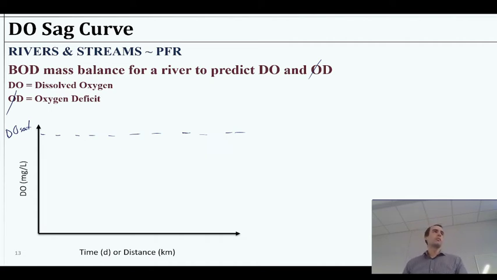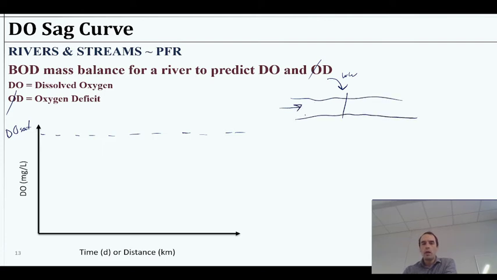It's in natural systems. So normally what will happen if we have, let's say, a discharge of wastewater effluent into a river that is flowing, and it's going to happen at this spot, we'll have some DO in the river, some DO in the wastewater, and sometimes we oxygenate that so it's not directly causing any problems.